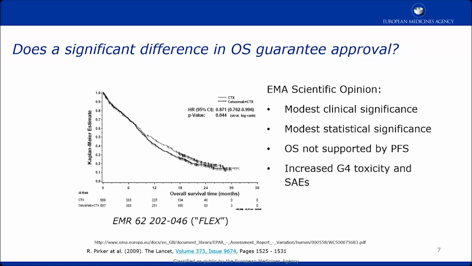Drugs are not approved on a single p-value of that endpoint. They are approved on the totality of data, and particularly on the benefit risk assessment. So it's always seen in context, and if the benefits do not outweigh the risks, then the marketing authorization application is refused.